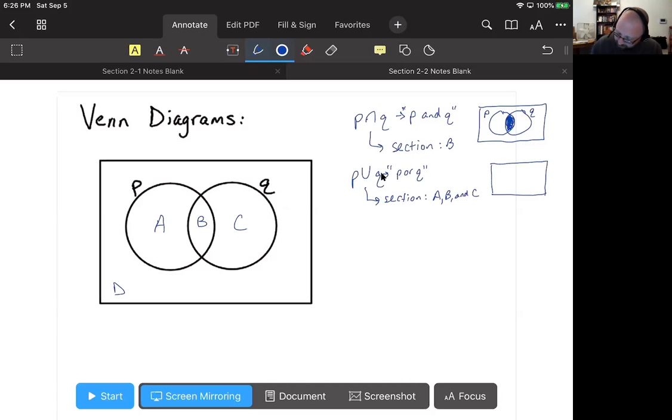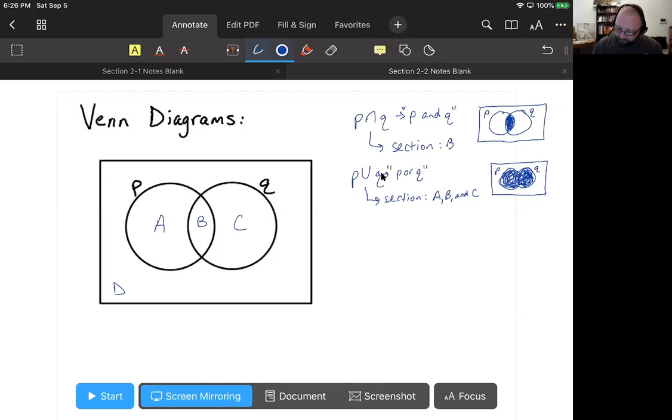So if we drew that visually, we'd have our two circles, P and Q. P or Q would be all of P and Q combined. P or Q, okay, would be that entire area, both circles combined, including the intersection, okay?